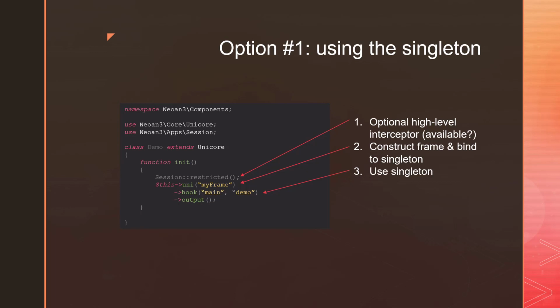Basically, you can read from top to bottom what happens when. So in this case, the frame is loaded, I fill the main hook with the demo view, and then I output or effectively echo what I see here. So that's option one.